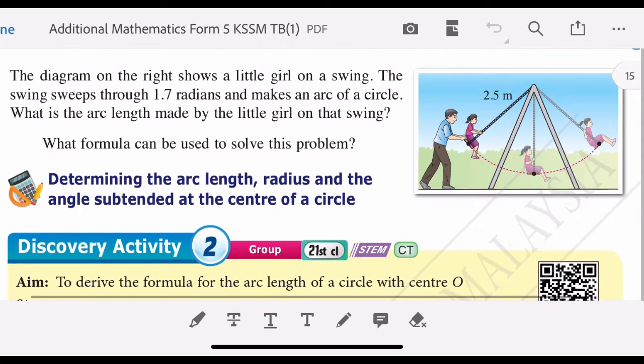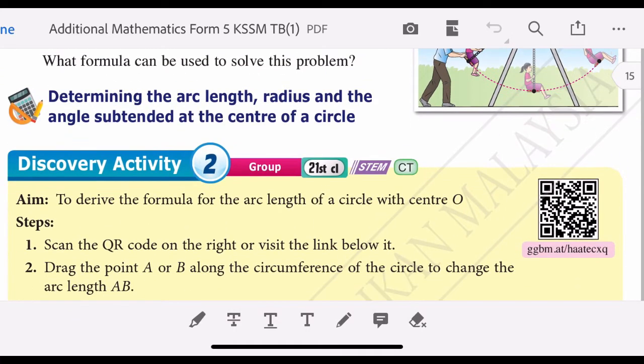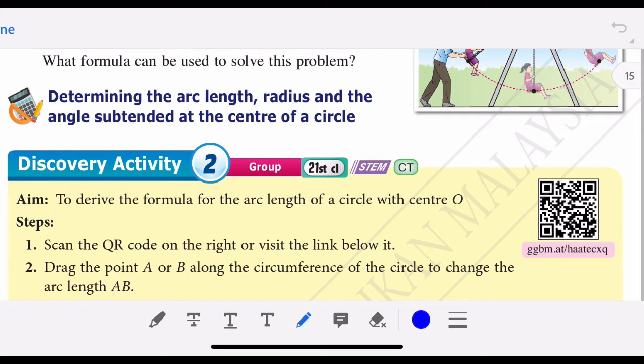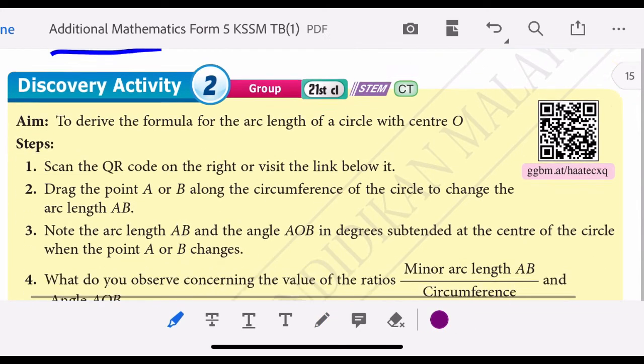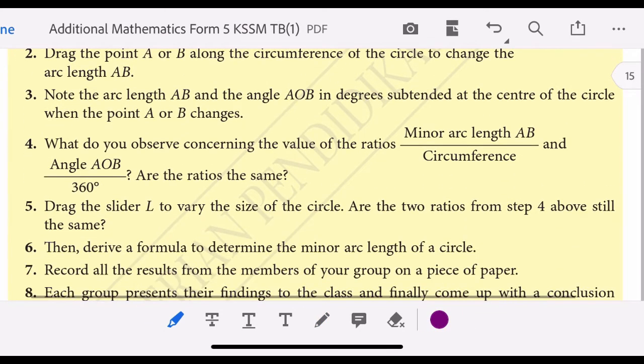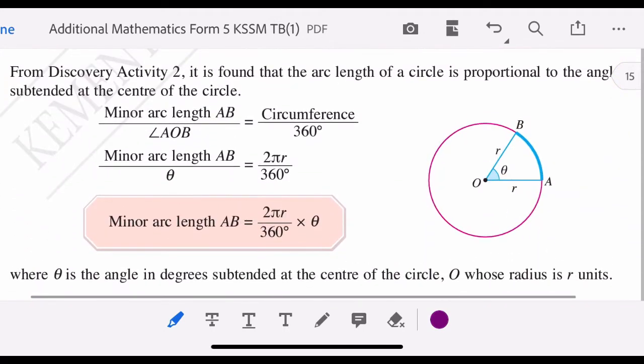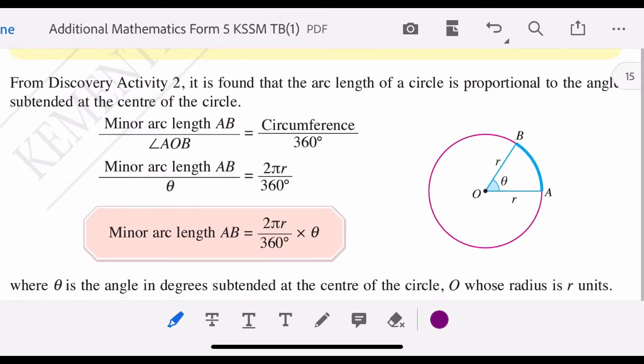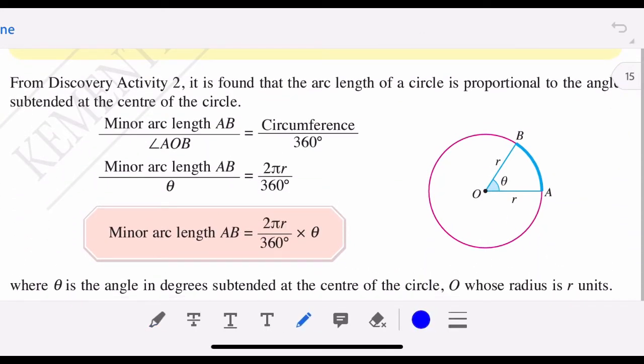Let's see how to determine the arc length, radius, and the angle subtended at the center of a circle. Actually, we need to know how to derive the formula for the arc length of a circle.